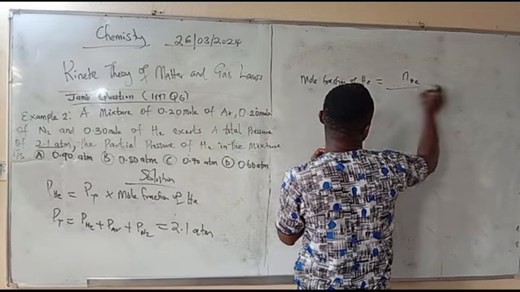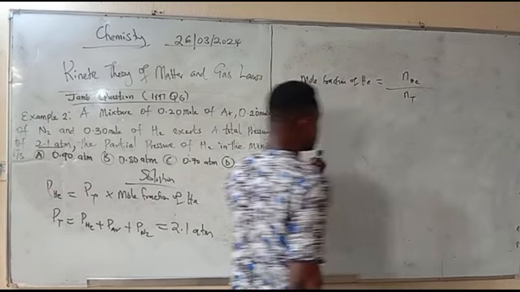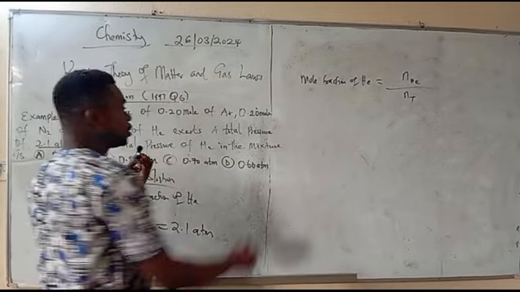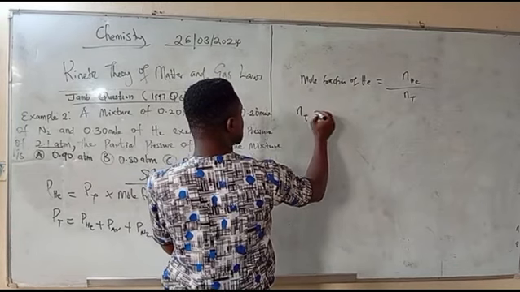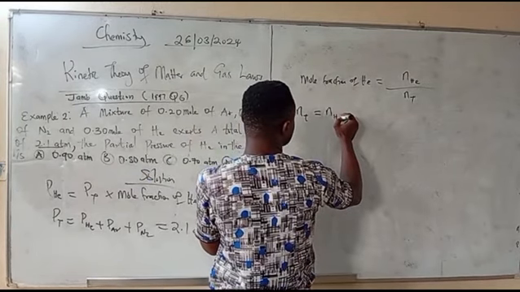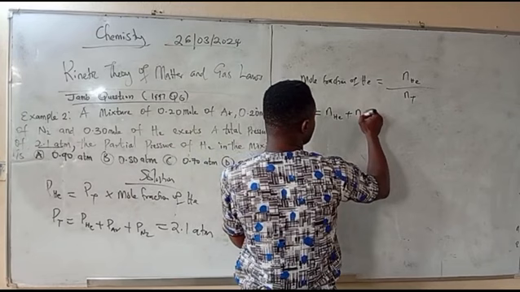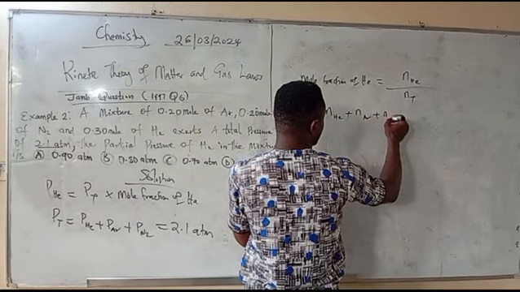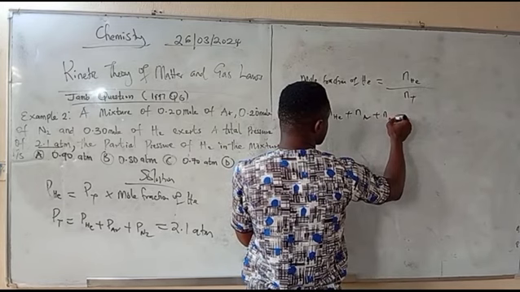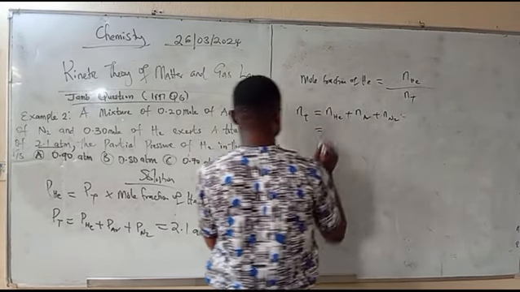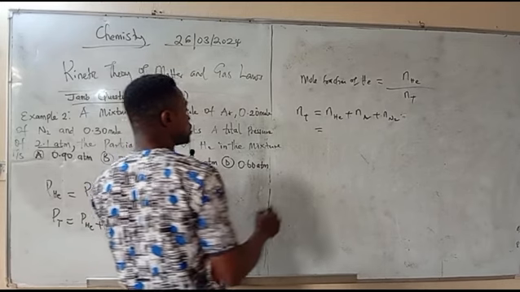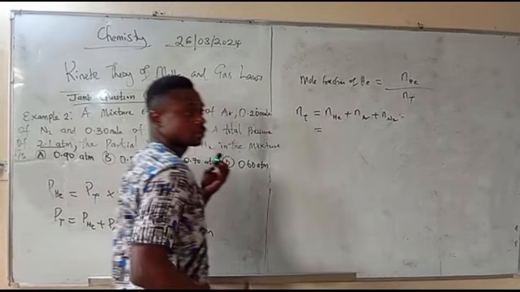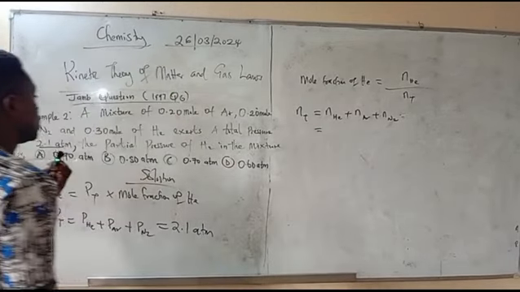Something is lacking. Tell me what is lacking from here. Mole fraction. Good. You only calculated the total number of moles. So mole fraction of helium is the number of moles of helium, which is 0.3 moles, over 0.7 moles.